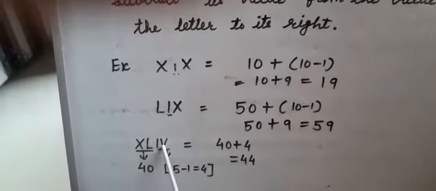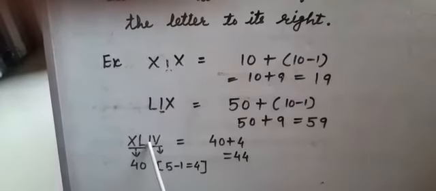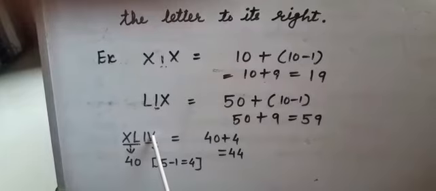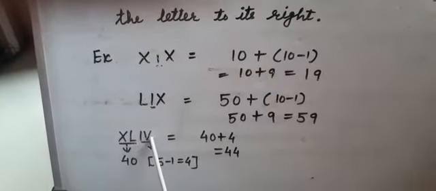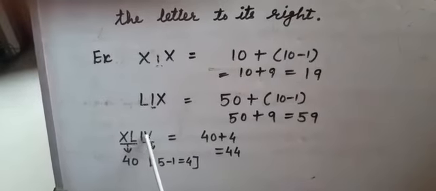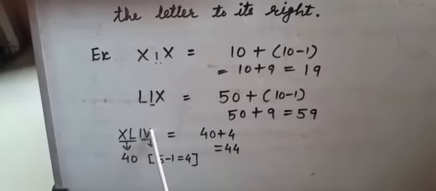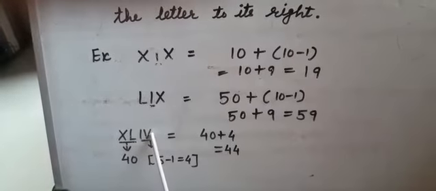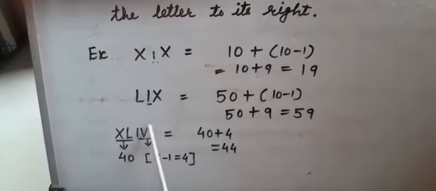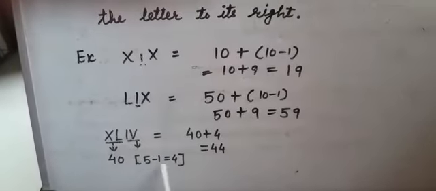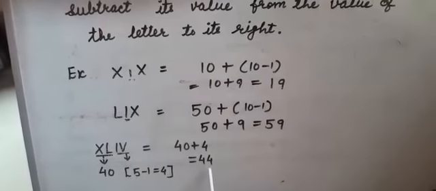Now this V is written after this I, or we can see this I is between L and V. So we will not subtract this I from L, it will be subtracted from V only. यहाँ पर L और V के बीच में हमको I दिखाई दे रहा है, तो ये I हम उसके राइट हैंड साइड में जो V है उसमें से सब्ट्रैक्ट करेंगे. So V minus I means 5 minus 1 will give me 4. So in this manner this XLIV is showing 44.